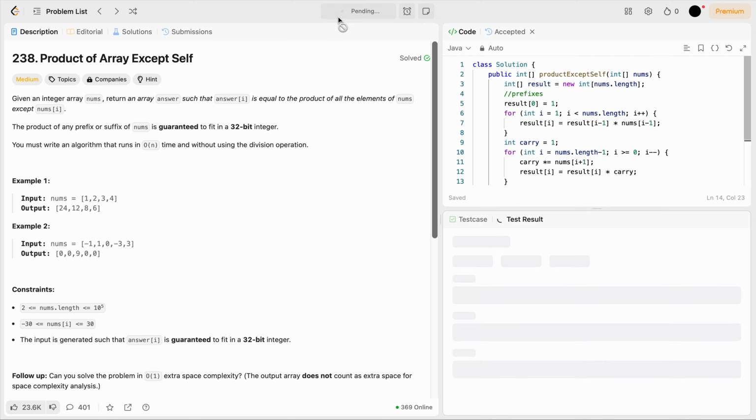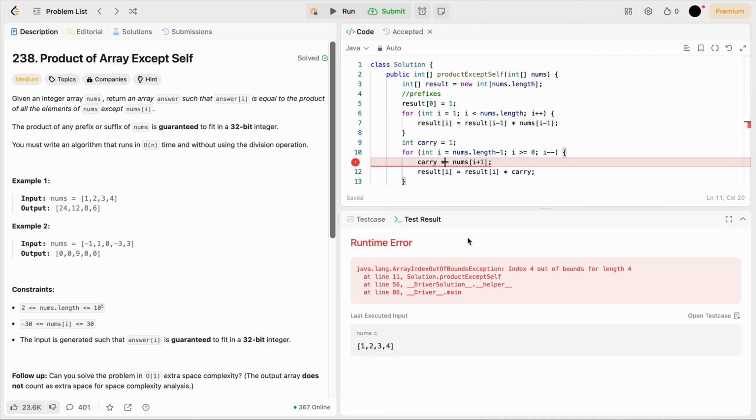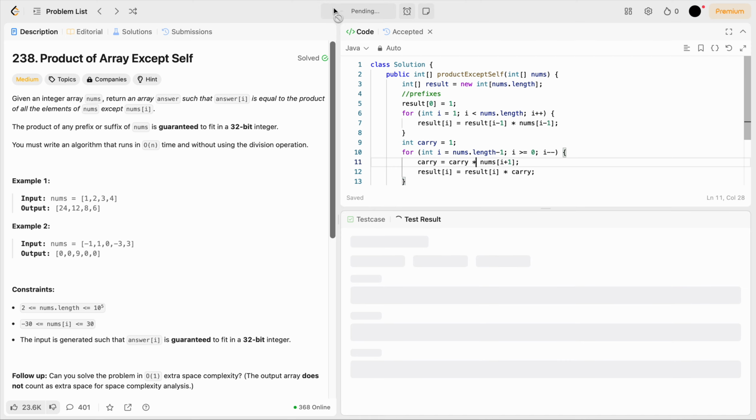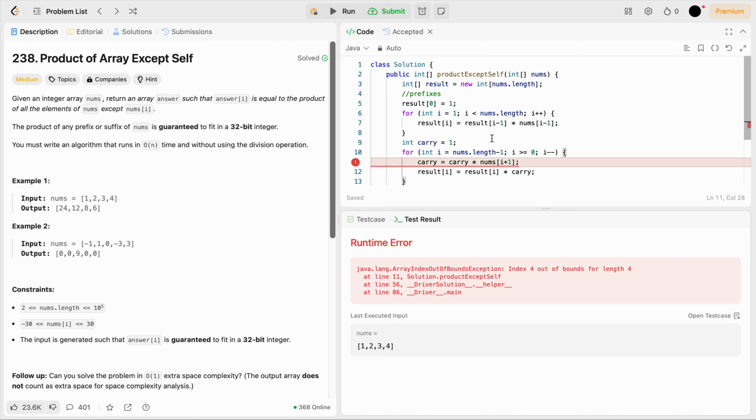So let's run this first and see if it passes. There is an error there, so we just fix this. Oh, we made this mistake.